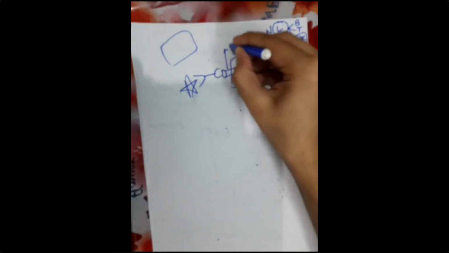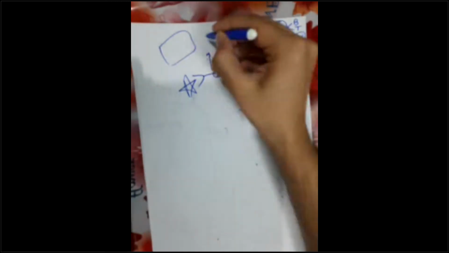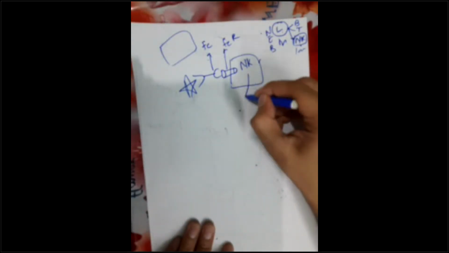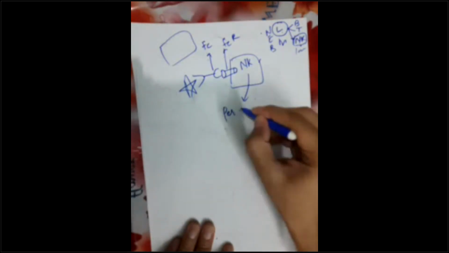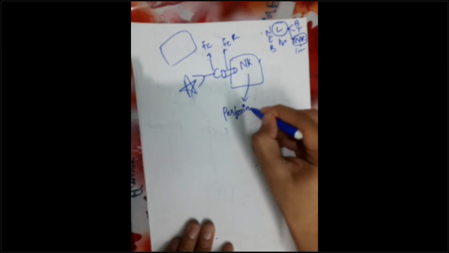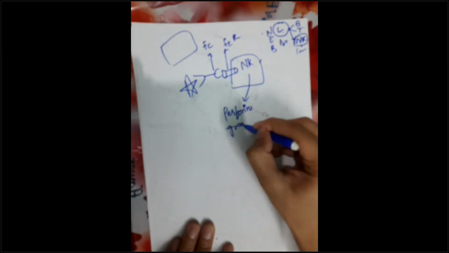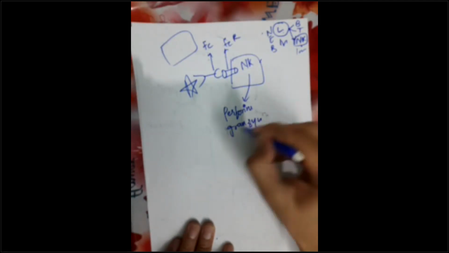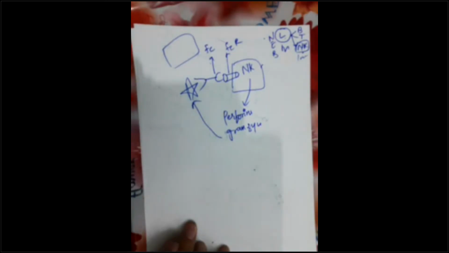Here, this is the Fc receptor, same like the phagocyte, and this is the Fc component of the antibody. So this will now activate. The phagocyte was forming pseudopodia and engulfing. This is not phagocytosis. Now, it will release perforins and granzymes. Now, this will kill the bacteria.